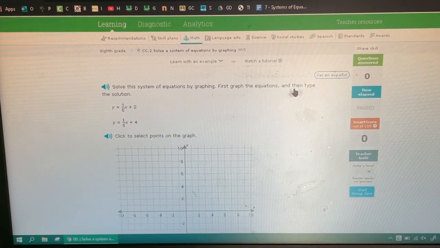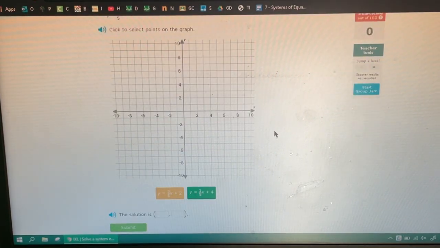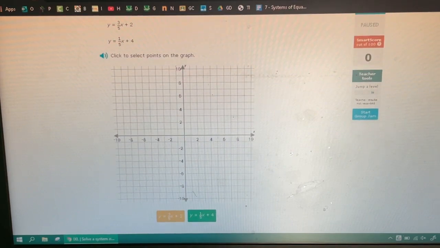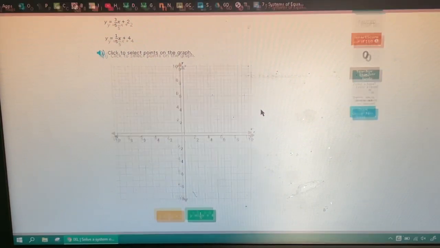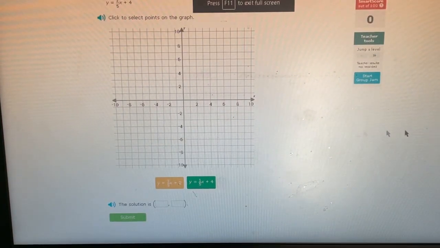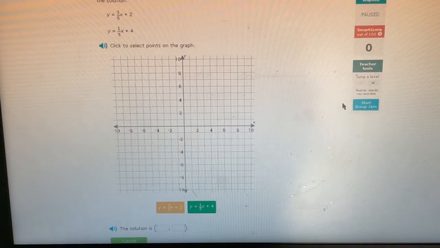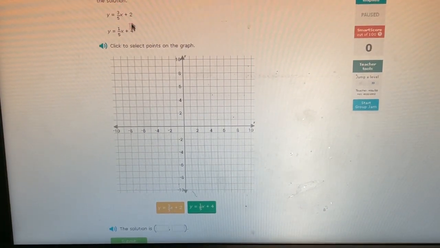First graph the equations and then type the solution. So I have my 2 equations, and then again, it gives you this graph like so. Okay, so now it has our wonderful 2 equations.